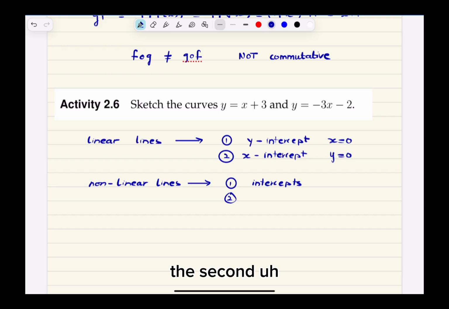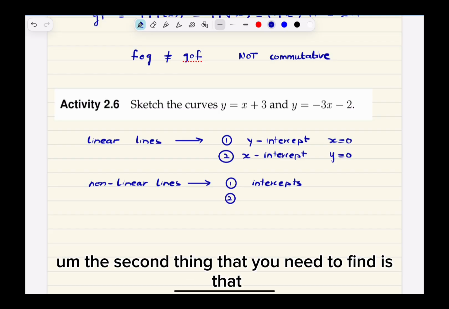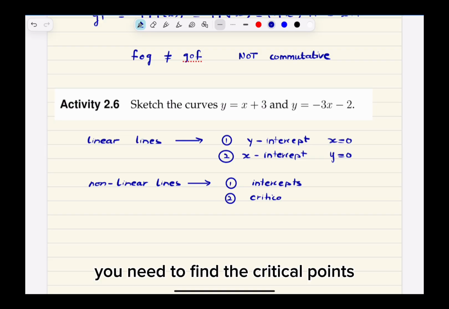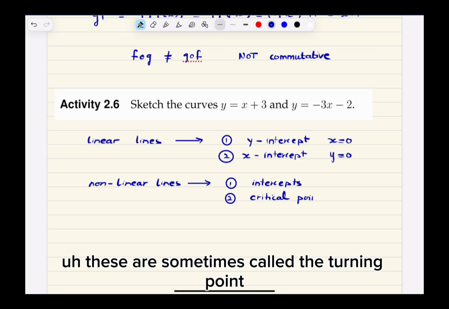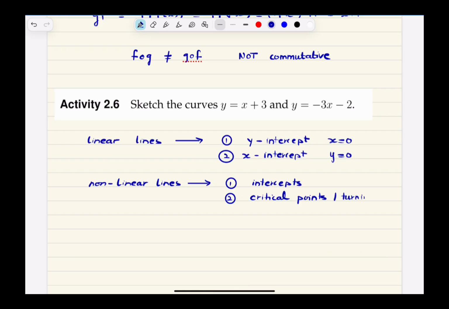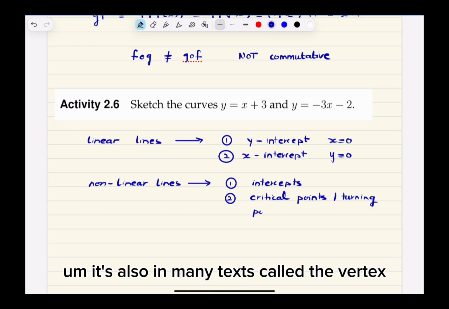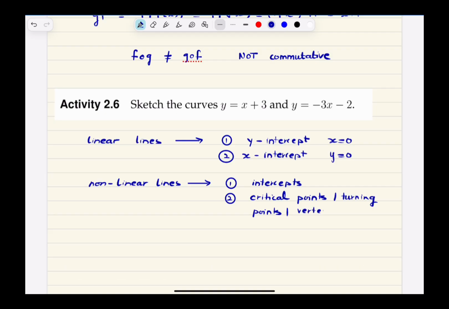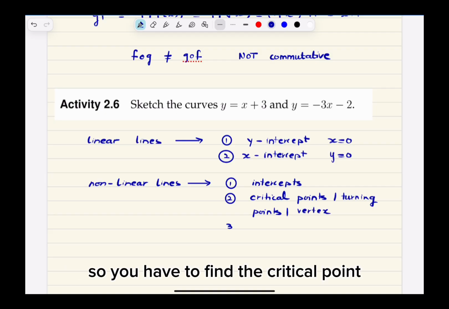The second thing that you need to find is the critical points. These are sometimes called the turning points. In many texts it's also called the vertex. So you have to find the critical point.